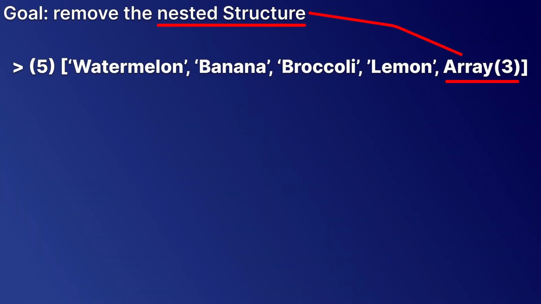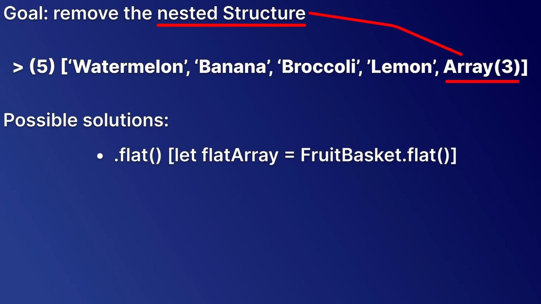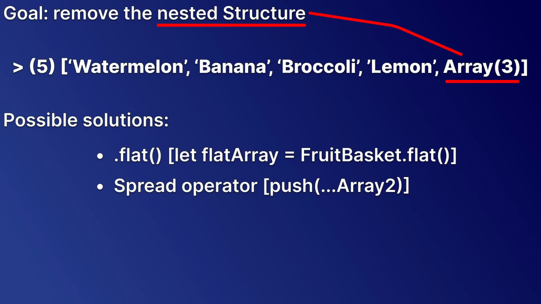Okay, but now let's say we do not like this nested structure. And so our goal is to remove it. And we have multiple different solutions. The first solution is to use the .flat method. So we create a variable and set this to our array .flat. We could also use the spread operator inside of our push method.